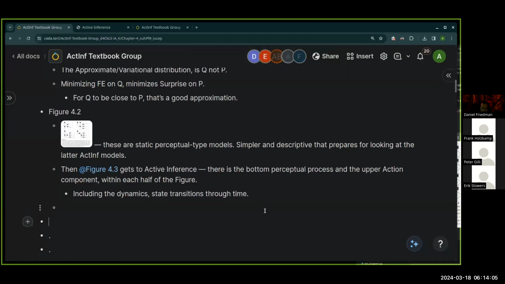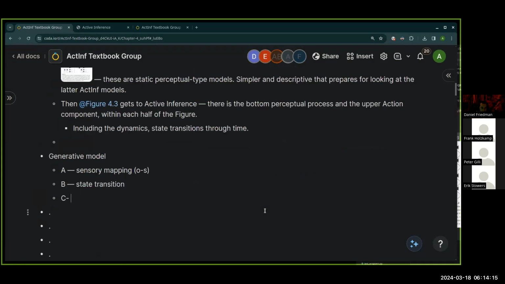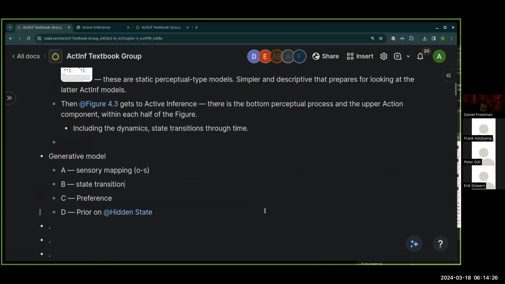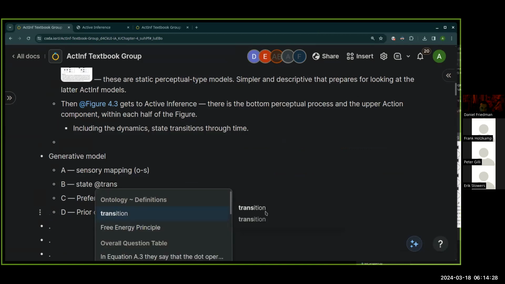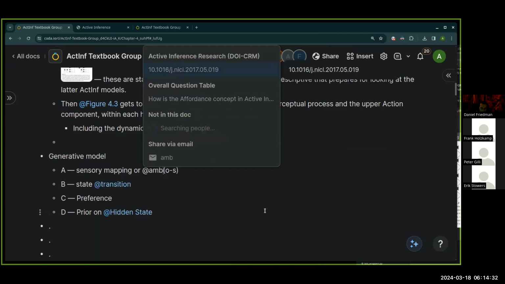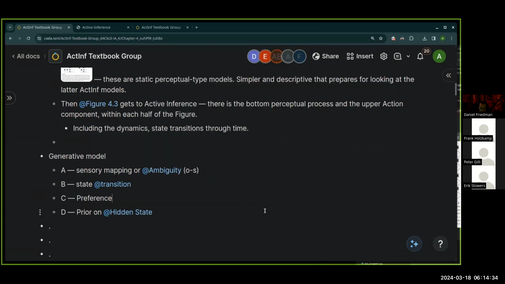The transitions model is now the B matrix or B tensor. The priors over states are now a vector called D. We also now have preferences that the model has, which are in a C vector, super important for the agent actually realizing its preferences or expected observations, which is an idea we were already introduced to in previous chapters.